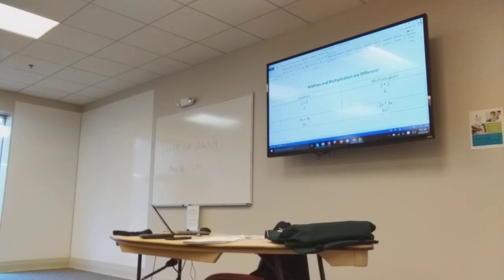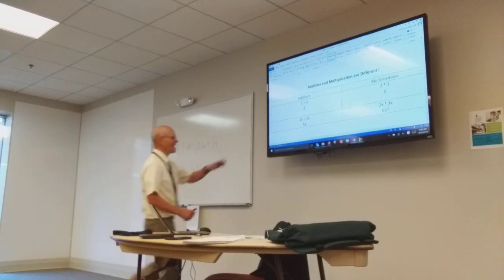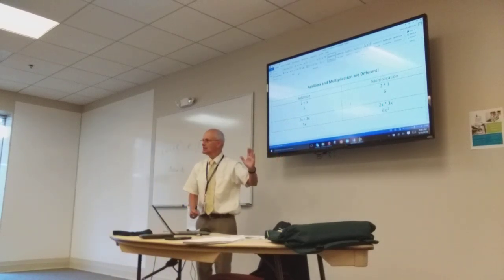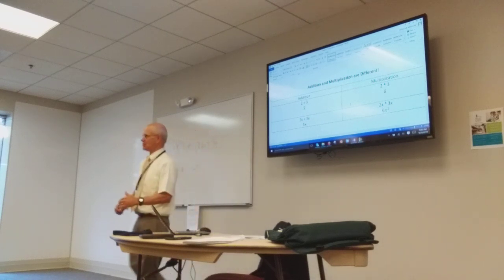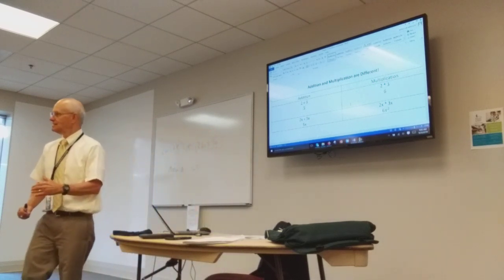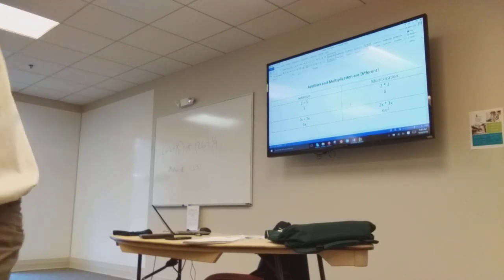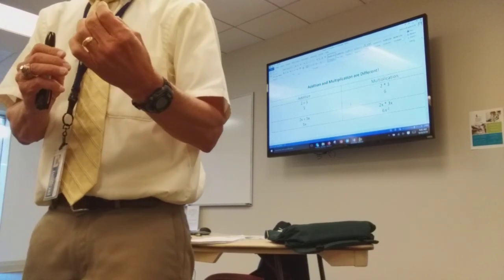In arithmetic, they're different; they're also different in algebra. Here it is in algebra. This is how you add. 2x plus 3x is 5x. That's how you add.